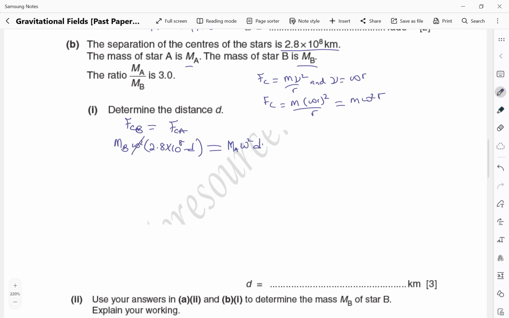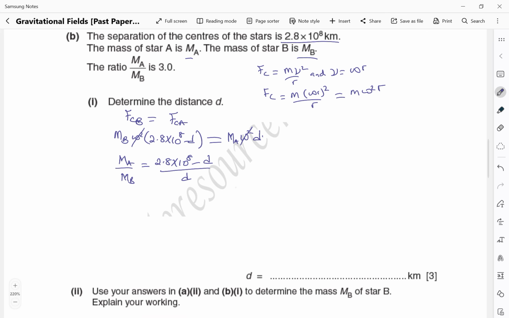Then omega squared cancels out. And of course, we know that MA divided by MB is going to be equal to 2.8 times 10 to the power of 8 minus D divided by D. But remember, MA over MB is 3.